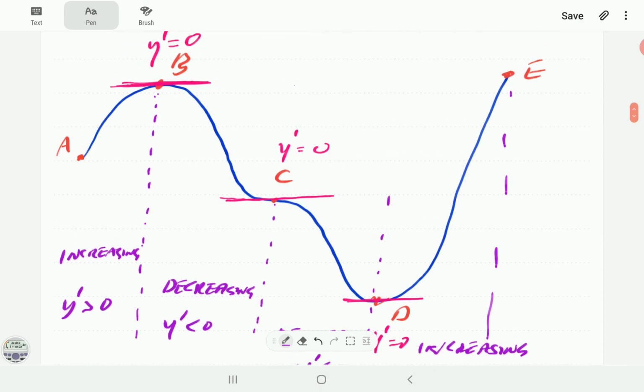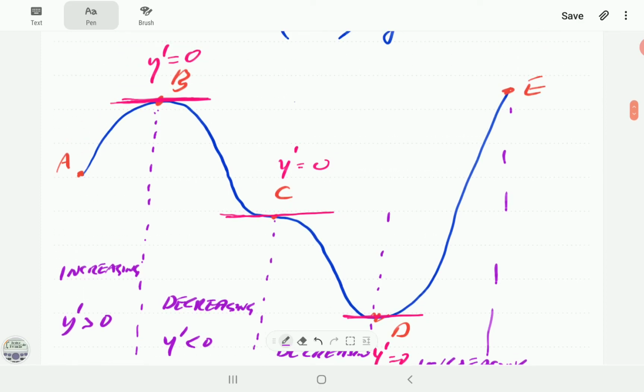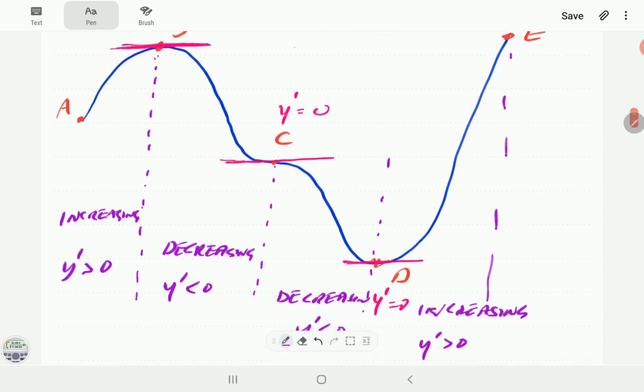So looking back at our graph here, B for instance, across B the graph is increasing this side and then it turns and then it's decreasing this side. So B is going to be a turning point. At C the graph is decreasing this side and then on the right hand side it's still decreasing, so C is not going to be a turning point, it's going to be an inflection point.